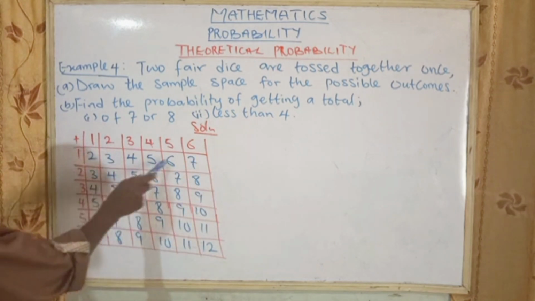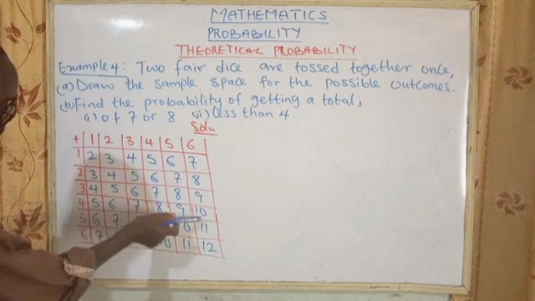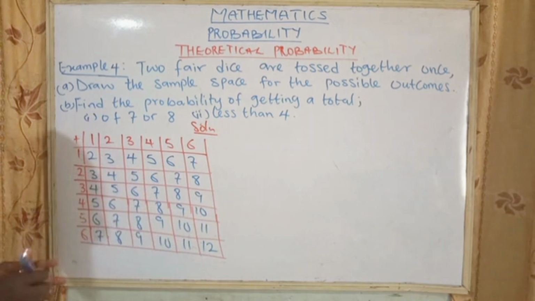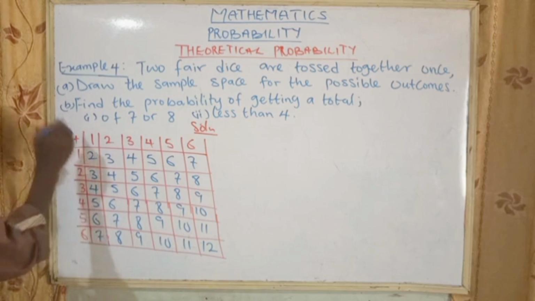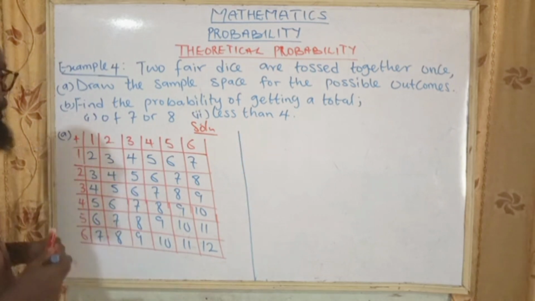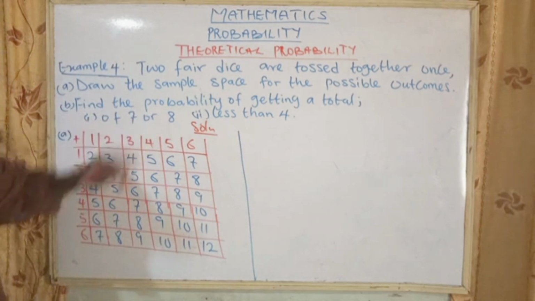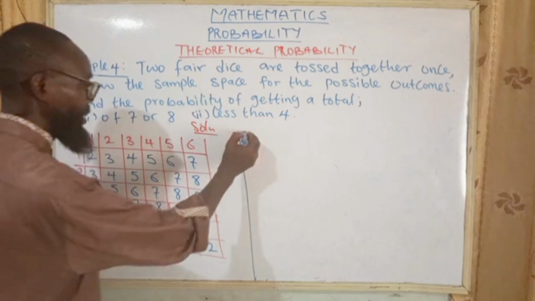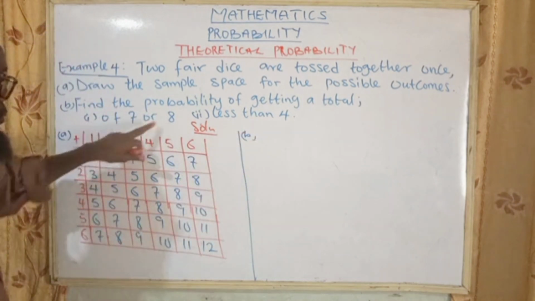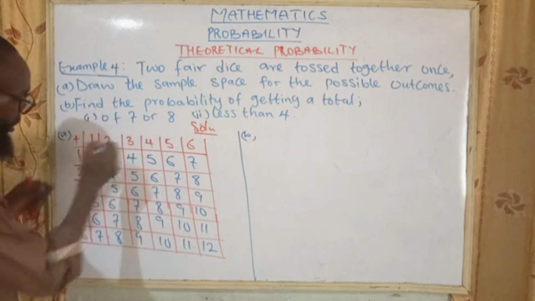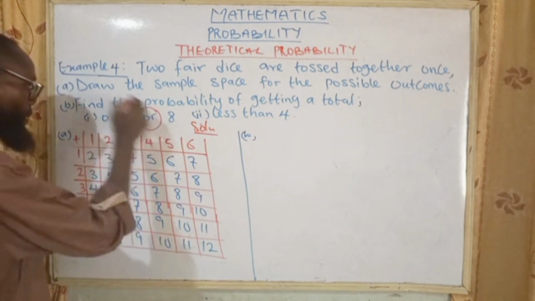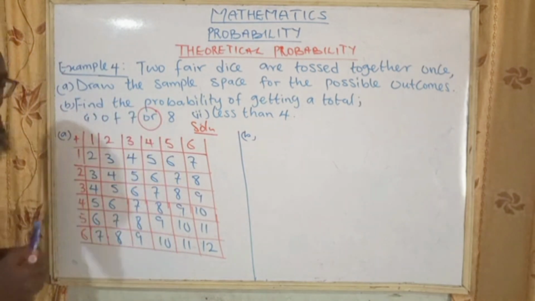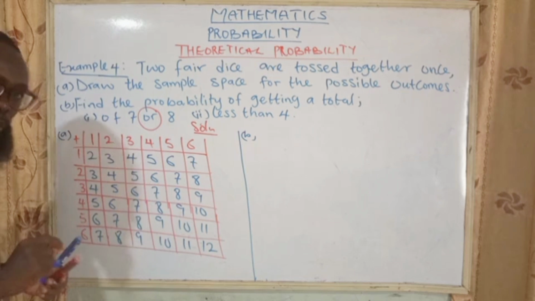1, 2, 3, 4, 5, 6. 1, 2, 3, 4, 5, 6. So 6 times 6 is 36. Now, we are done with question A. Now, question B. For question B, we are asked to find the probability of getting a total of 7 or 8. Look at that word, or. The meaning of or in probability is addition.